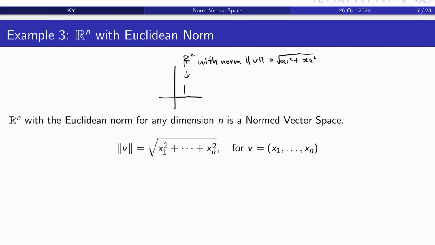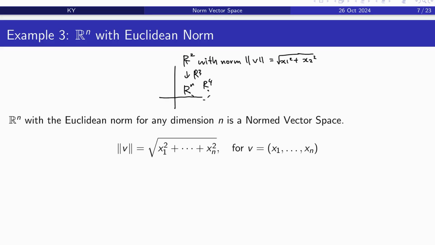We're just trying to extend it into Rn, and as we can see, if we have R3, R4, and up to Rn, each one of the cases for any n will still become a normed vector space.